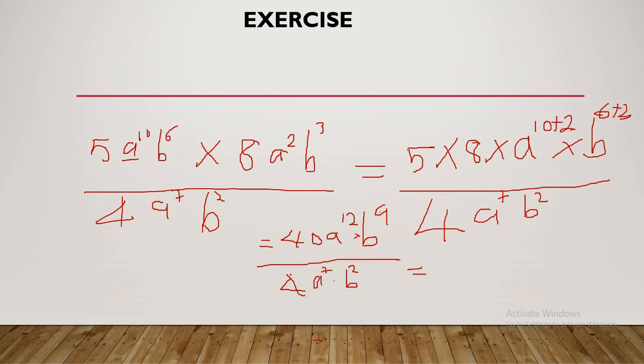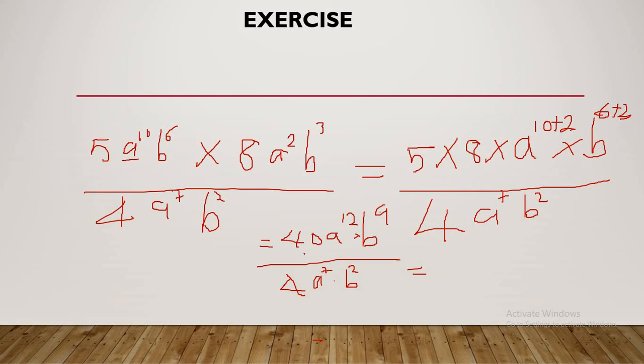Let's look at this. This is 4 and this is 40. If you want to divide 40 things among 4 people, how many will you have? 10, right? So this one we cancel.